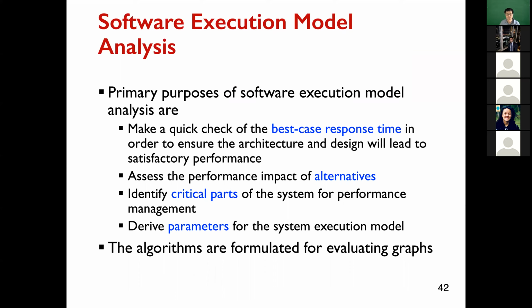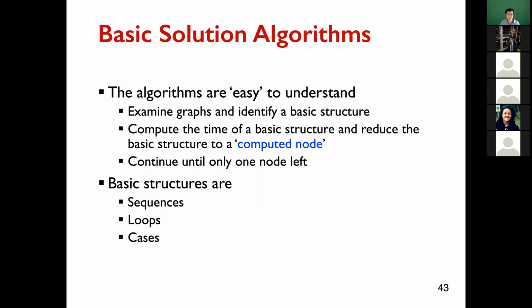Okay, so what are the procedural algorithms for us to analyze the software execution model? The basic solution algorithm is, first, we identify a basic structure of the execution graph, right?